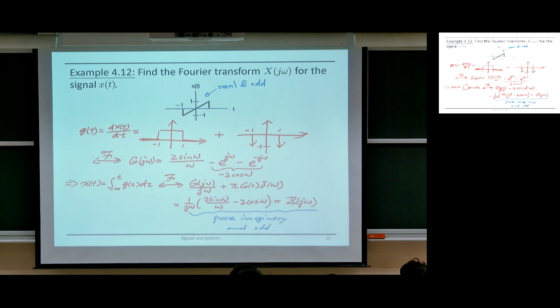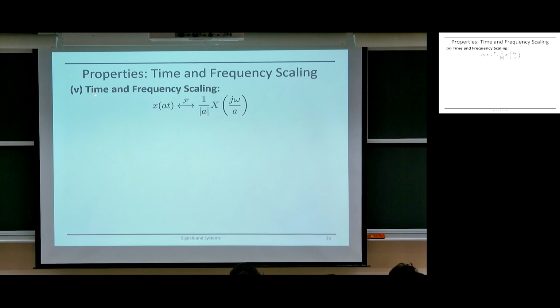So the next property is this time or frequency scaling. This says that if you scale the time domain by a, then the Fourier transform will be 1 over the absolute value of a times the spectrum scaled by 1 over a. So if you scale the time domain by a, you will scale the spectrum by 1 over a with this additional constant.